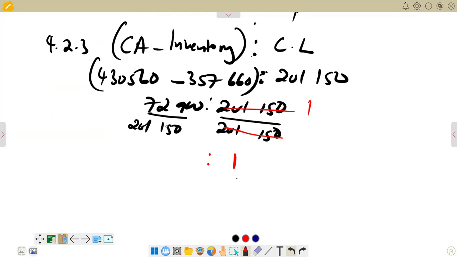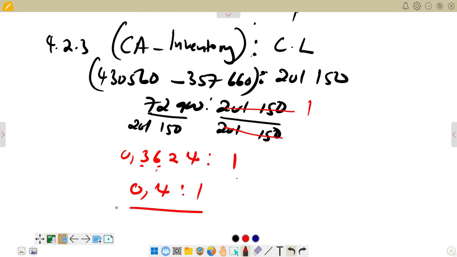We divide correctly and we get 0.3624. Then we round it off to 1 decimal place, which means you get 0.4. Since we have 6 here, we change the 3 to 4. So 0.4 to 1 is our acid test ratio.